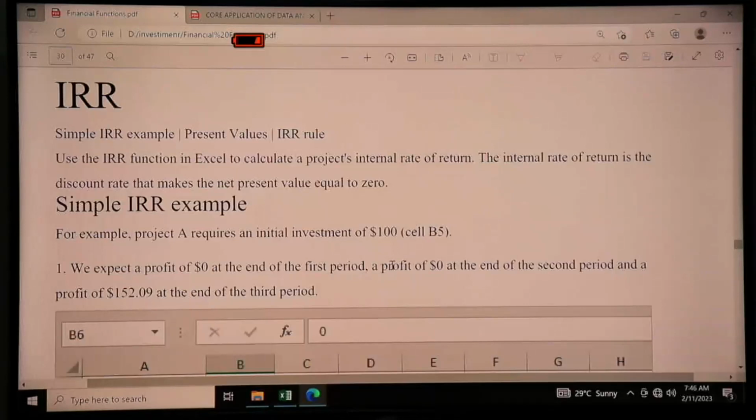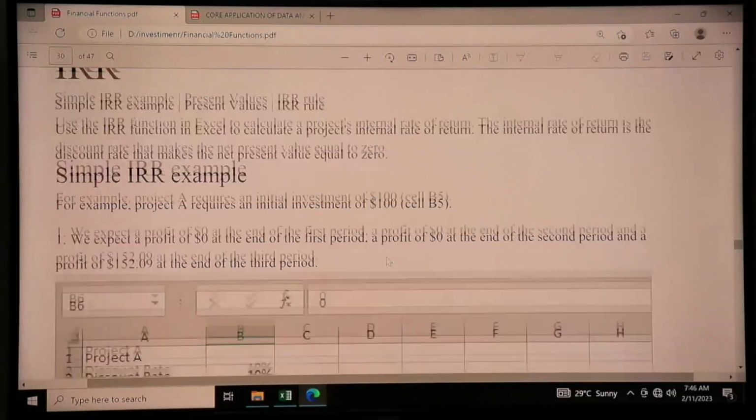Why? Because the internal rate of return is equal to a discount rate which will always lead to a net present value of zero.